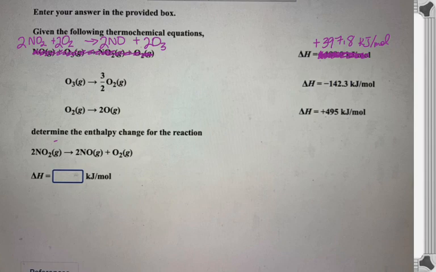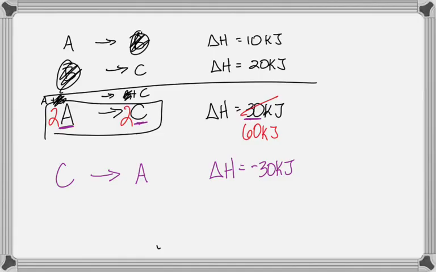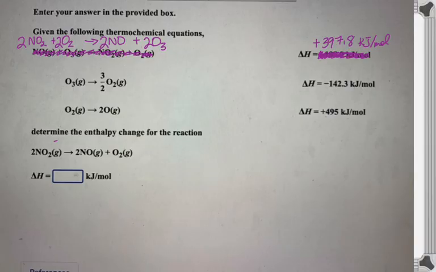Well, what do you mean by cancel? I'm going to change slides. See over here when we cancel the B's? If you get them on opposite sides, they'll cancel. So here in the equation I'm working, I know I need the ozones to cancel out. Where are the ozones? Here and here.